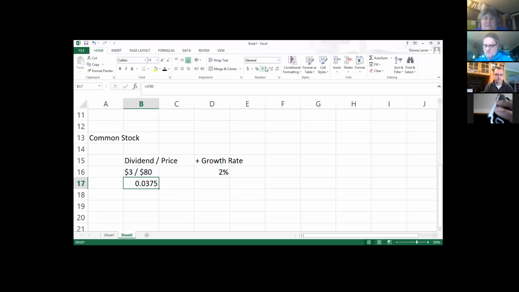And let's make it look pretty so that back at your notes you remember what you're looking at. Add in the 2%. That was nice. There we go. And their cost of capital would be 5.75. You make it look very easy.